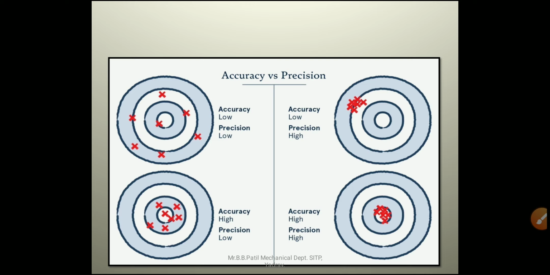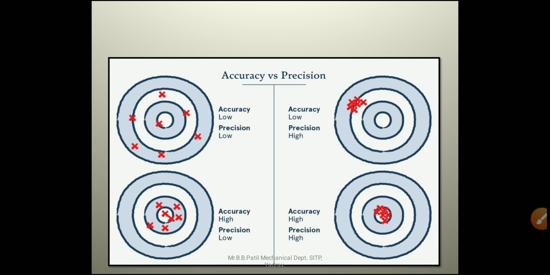And in the last image, at the lower right corner, the accuracy as well as the precision of the shooter is high. Similarly, a measuring instrument should have good accuracy as well as precision.